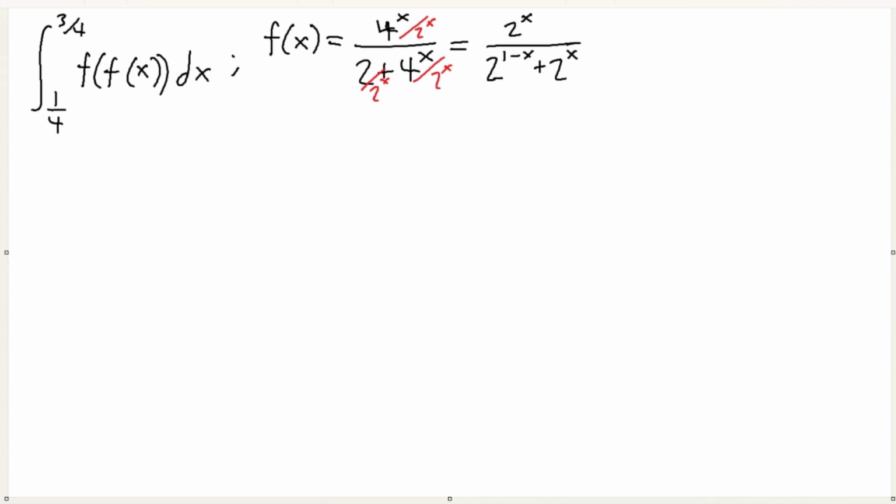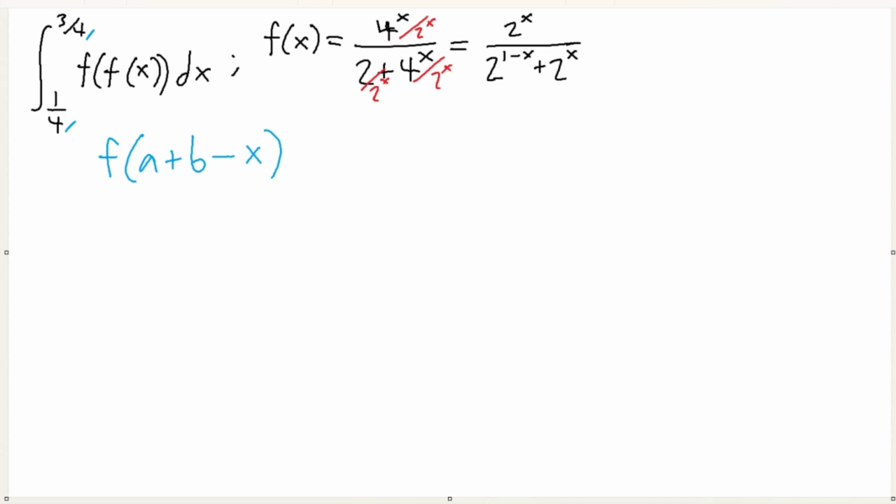Now there's something. Or is there? Well, it's not 0 to 1. It doesn't have to be 0 to 1. Do you remember the King's formula, right? A plus b minus x. Notice that 3/4 plus 1/4 equals 1.